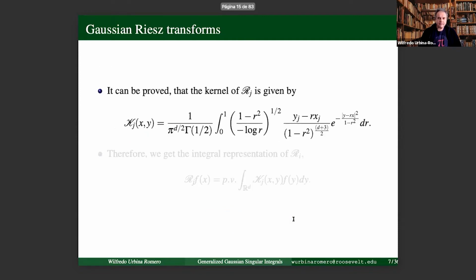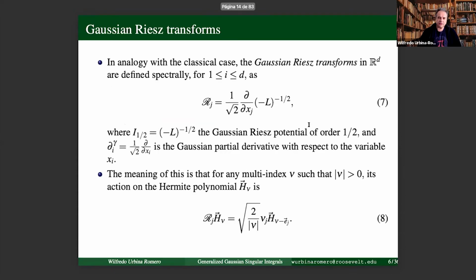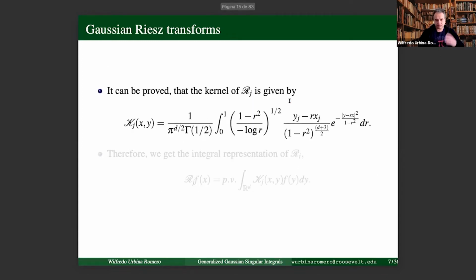Okay, so it can be proved that the kernel of this operator is this guy, and this is coming from a representation of this guy that is, well, one of the Riesz potentials, but I don't have the time to go into those details, but you should believe me, you can get this guy.